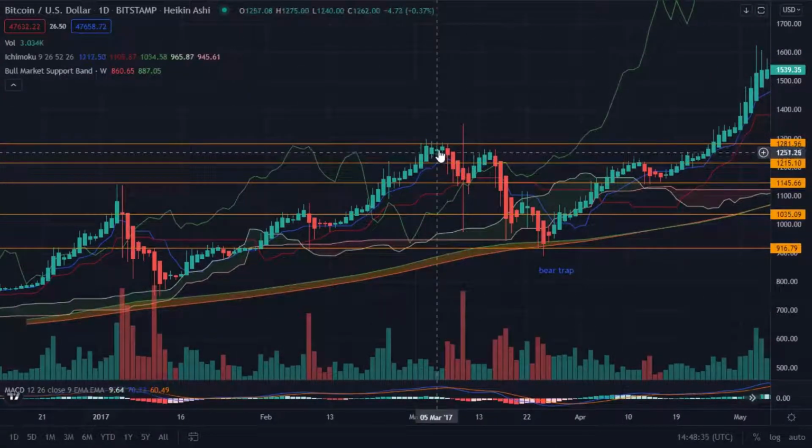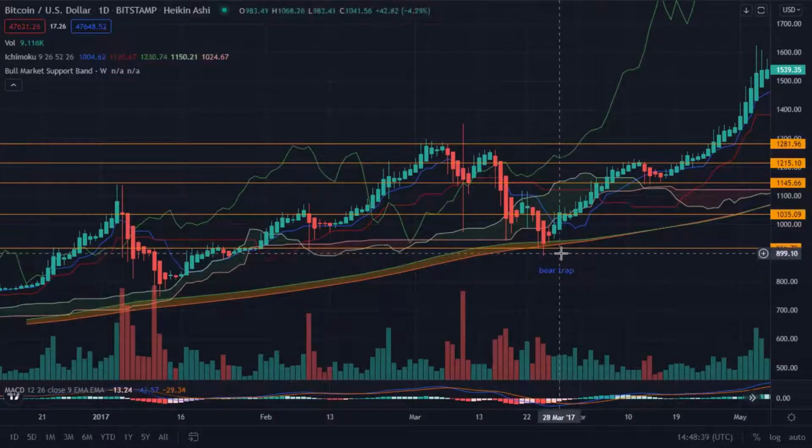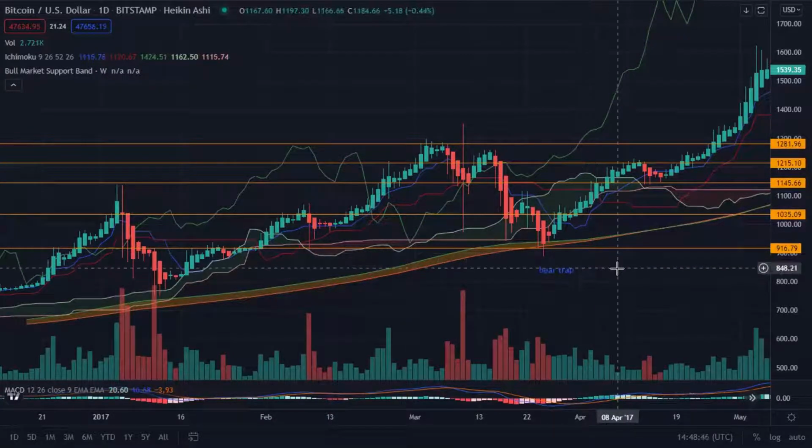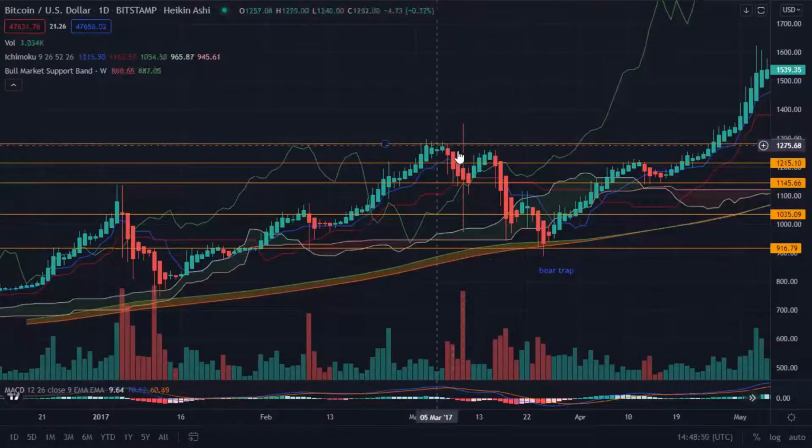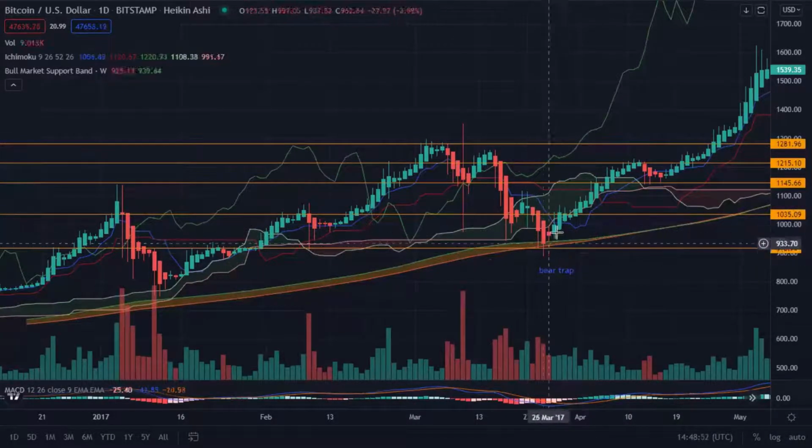This time we went down from 1300 down to 901, which is about 34%. I would like to be selling up here and buying down here. People place their orders on the bull market support band.